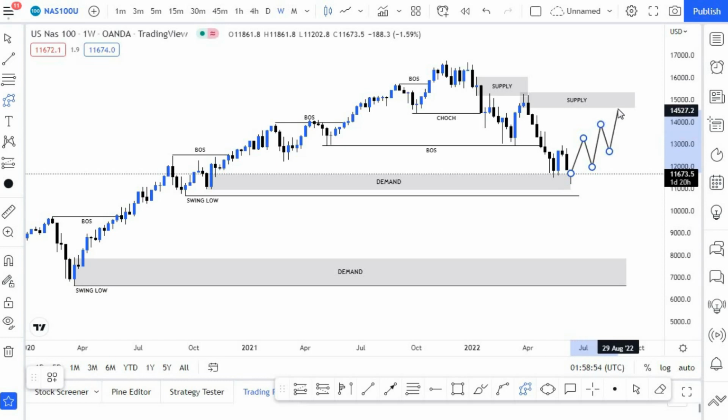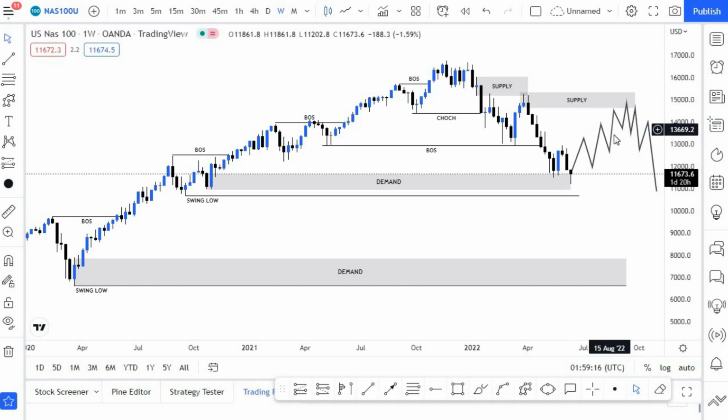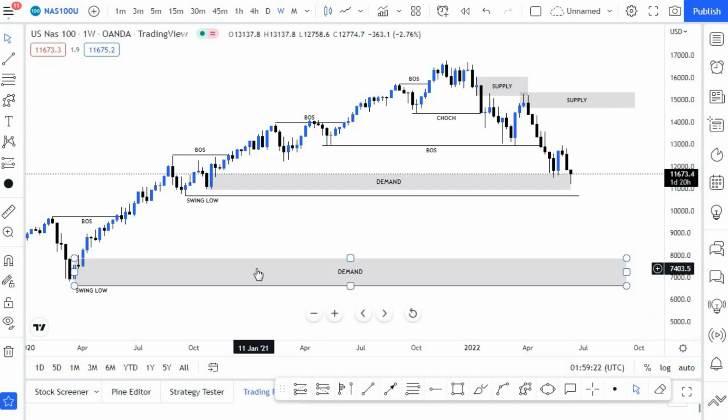After a pullback, you want to see price going up, something like this, until they reach this zone area and give you a change of character, and then you like to confirm for a continuation pattern and the price will continue going down, right? Something like this. So now this will help you to understand what you'll be looking for in the market.